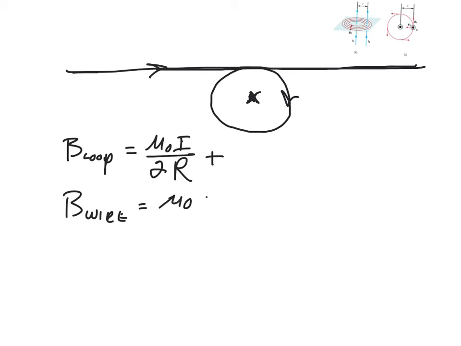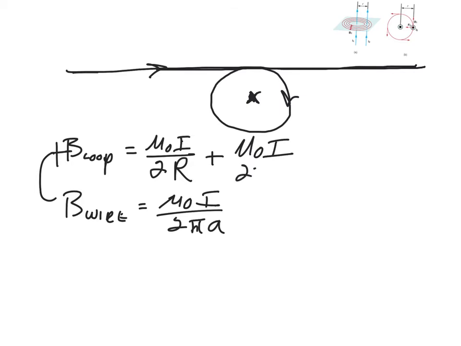Mu naught I over 2 pi A. So the total field will be the sum of these. Oh, we got to check the direction. We can only add them, they're vectors, right?